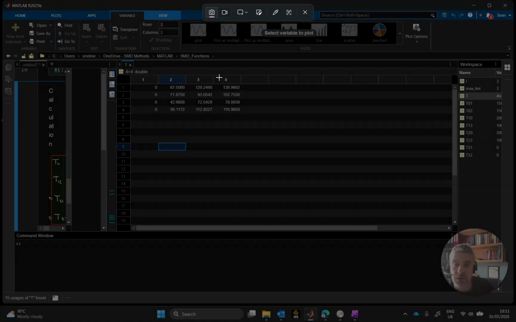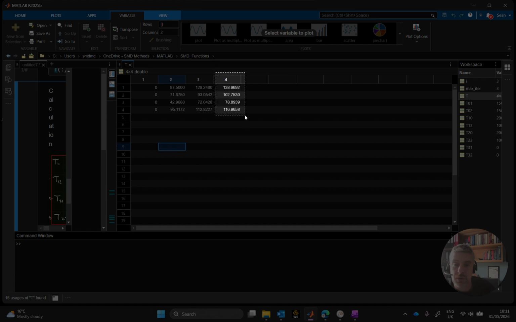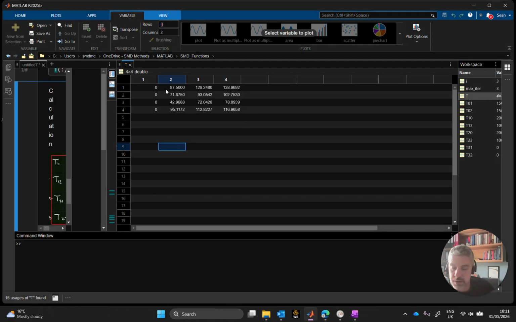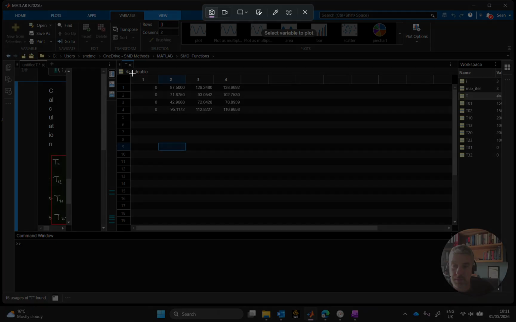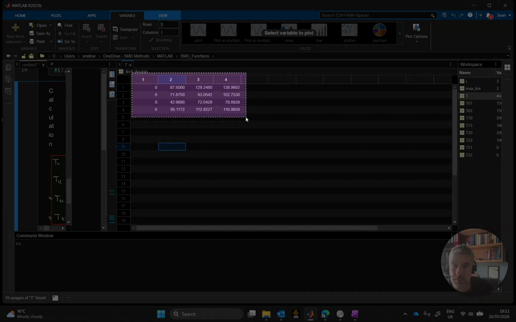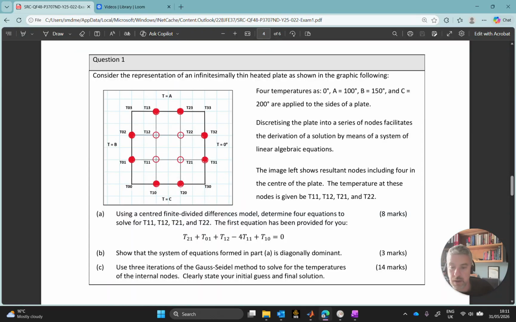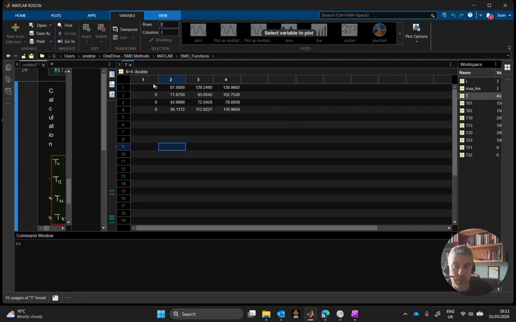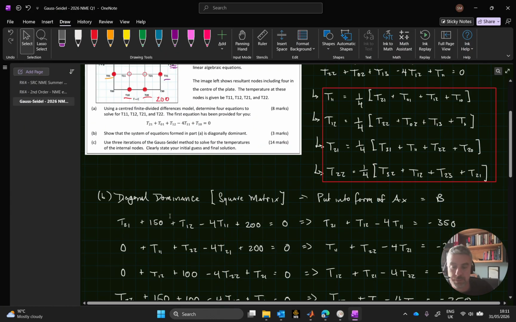So if we were to present a clear indication of what our initial guess was and what our final values were, clearly stating your initial guess and your final solution, we would be showing column 1 and column 4.